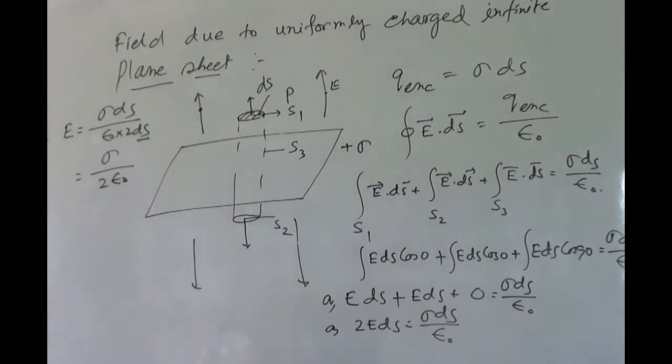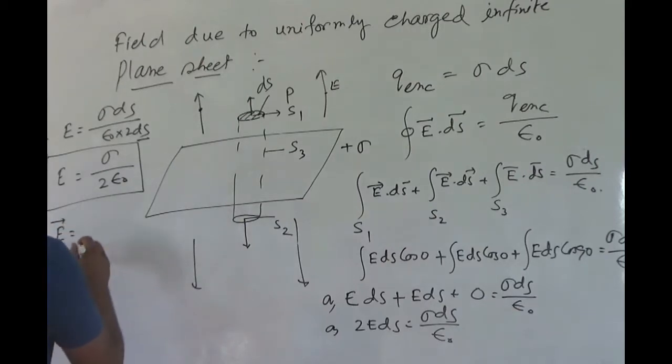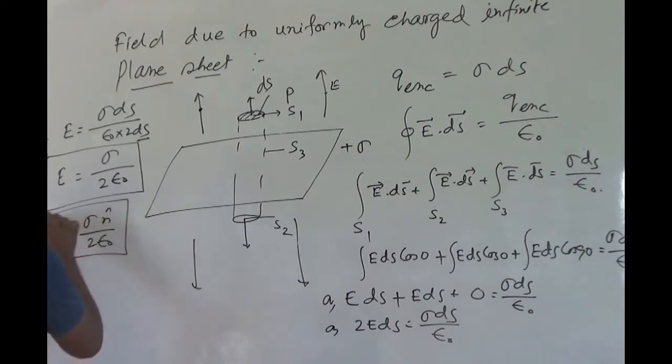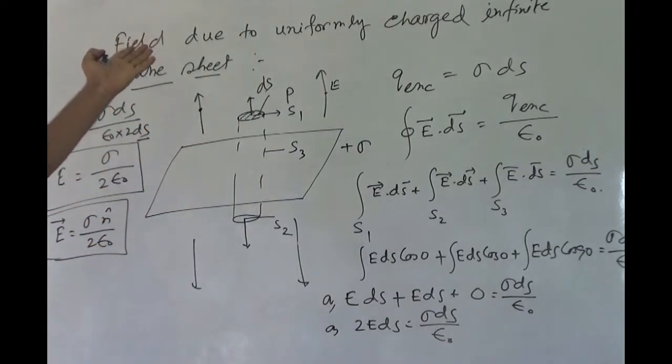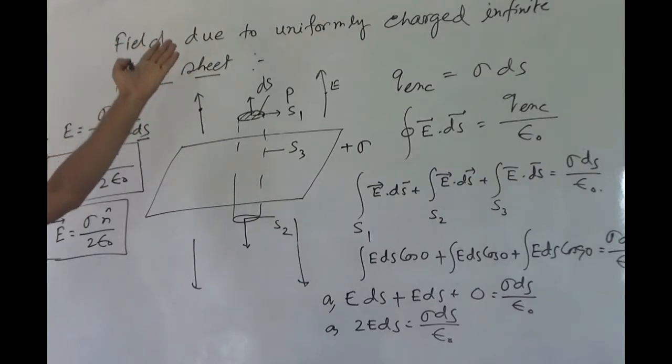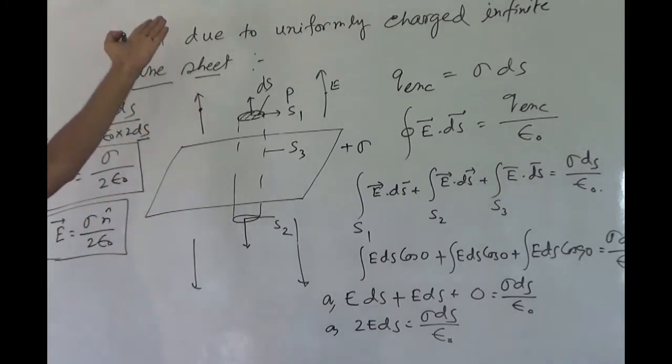This is the field near a uniformly charged infinite plane sheet, and this can be written in vector form as sigma n by 2 epsilon naught, where n is the unit vector perpendicular to the surface and going perpendicularly outward, that is away from the infinite plane sheet.